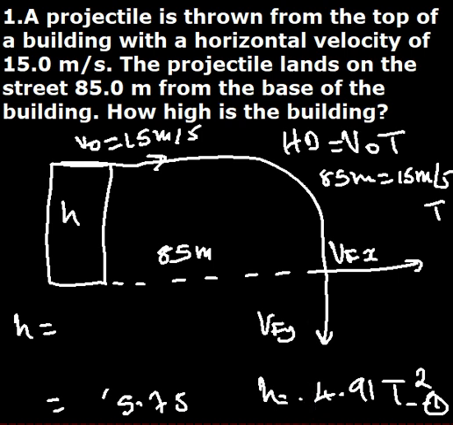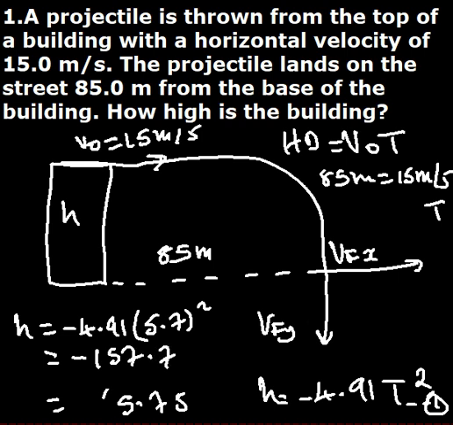So the height is given as negative 4.91 times 5.7 to the power 2, which gives negative 157.7 meters.